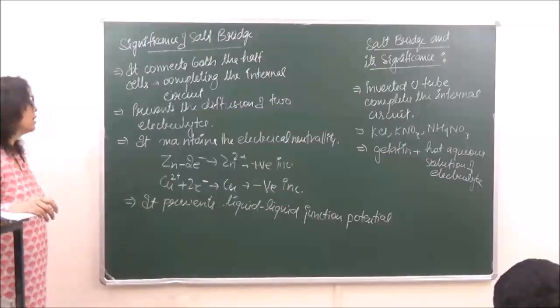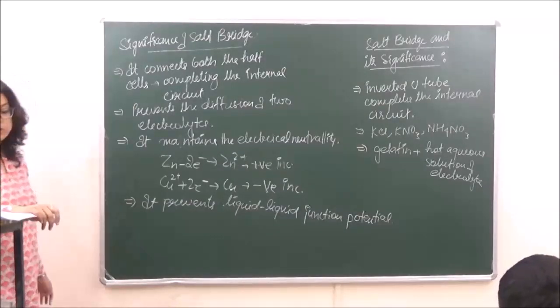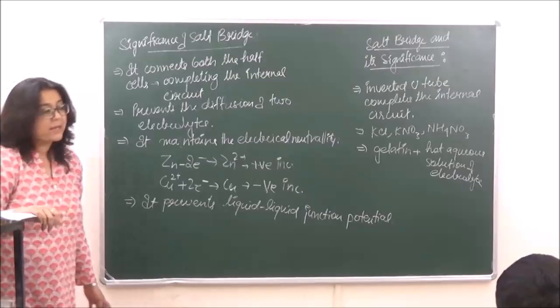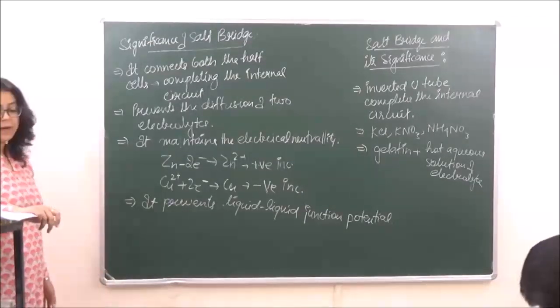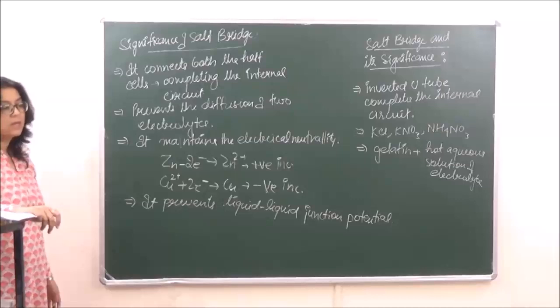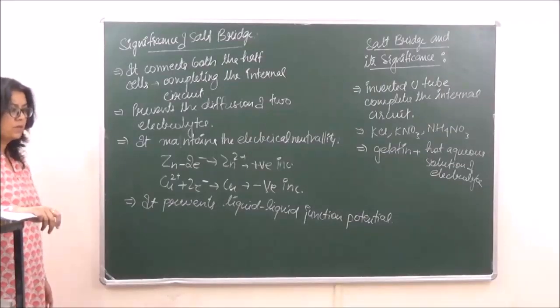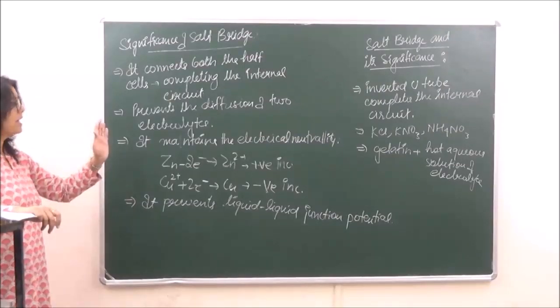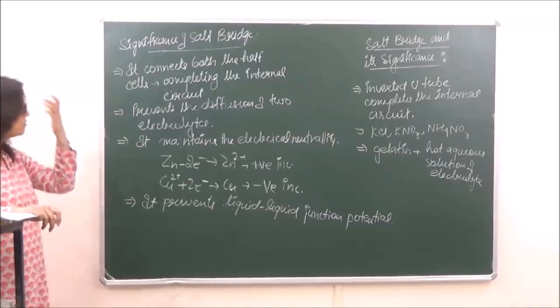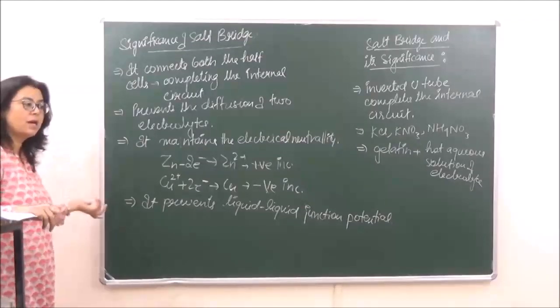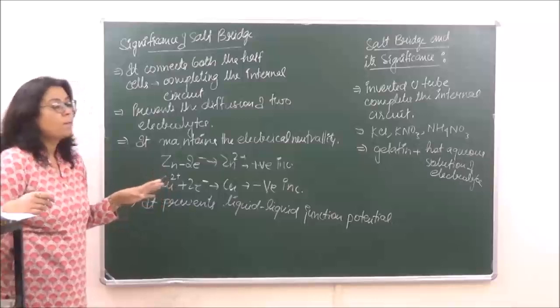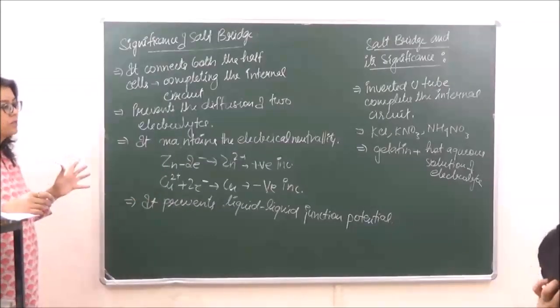What is the meaning of liquid junction potential? It means that there is a potential difference which arises between the two solutions when they come in contact with each other. That is, we have 1 molar zinc sulfate which is present in the oxidation half cell and 1 molar copper sulfate which is present in the reduction half cell.